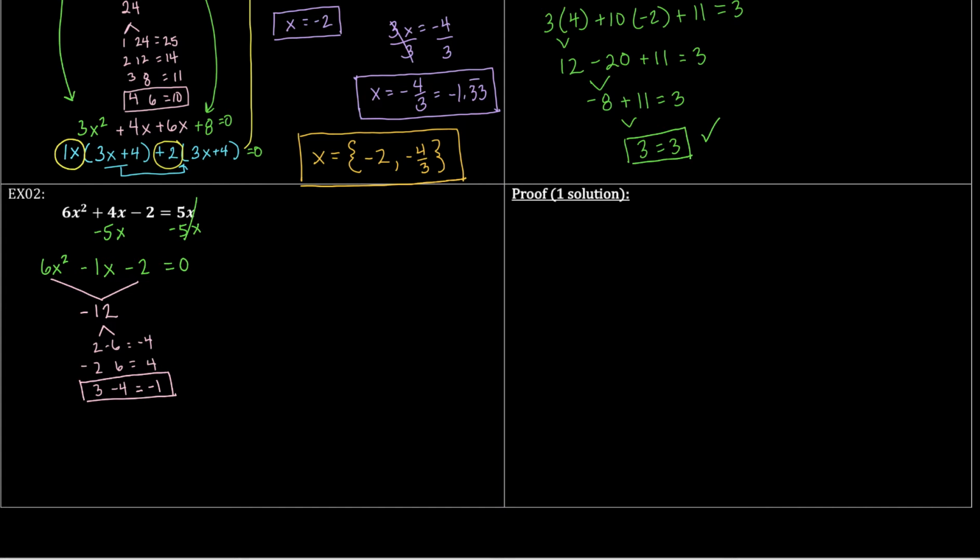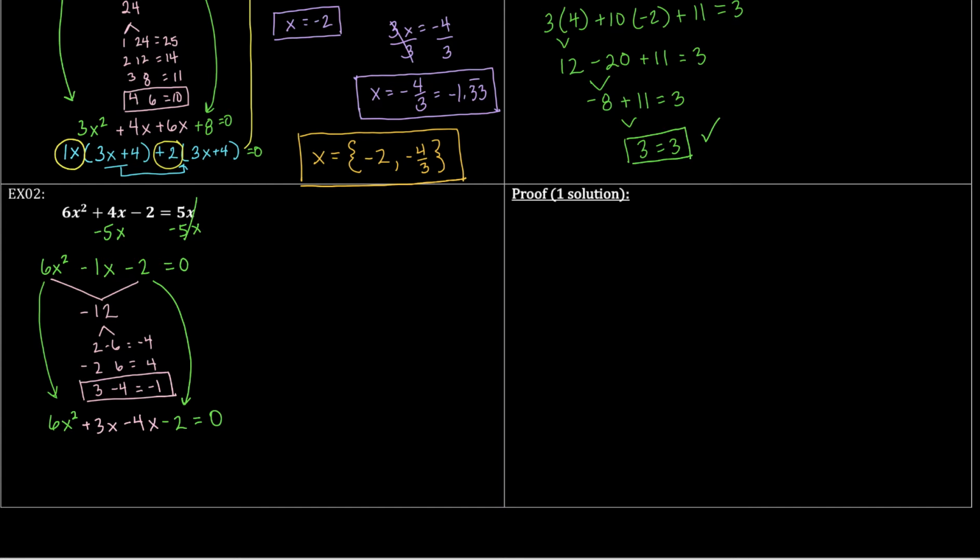So let's see. Green. So I get 6x squared plus 3x minus 4x, and then minus 2 equals 0.